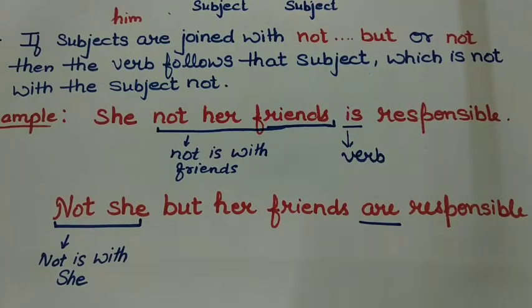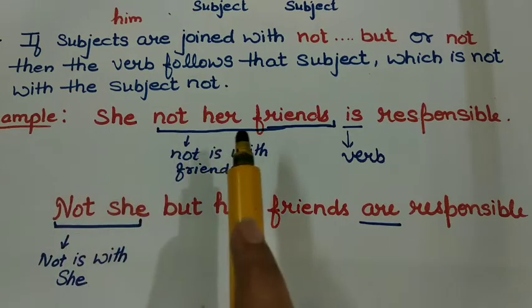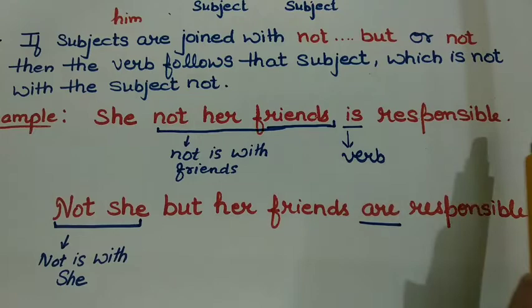This rule is a bit complicated, but if you try to understand with the help of an example, you will surely get it. If the subjects are joined with not, but, or not, then the verb follows that subject which is not with the word not. See here, she, not her friends, is responsible.